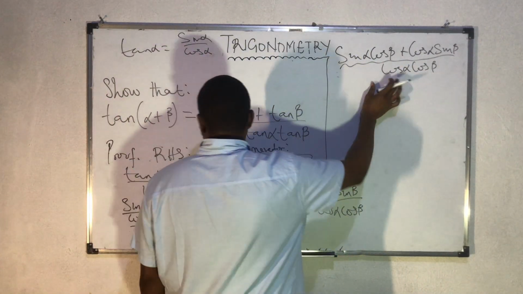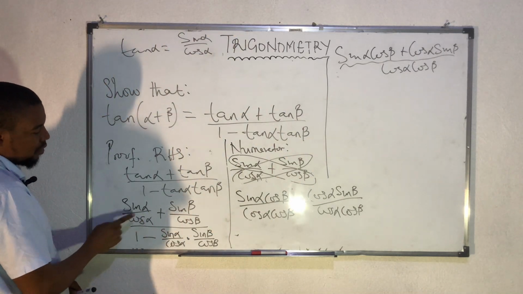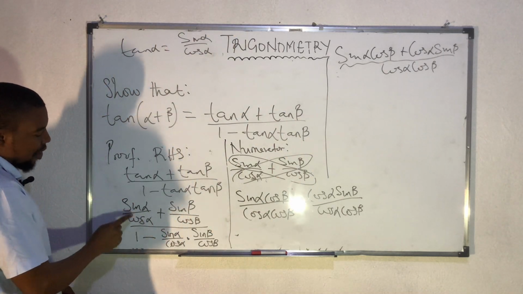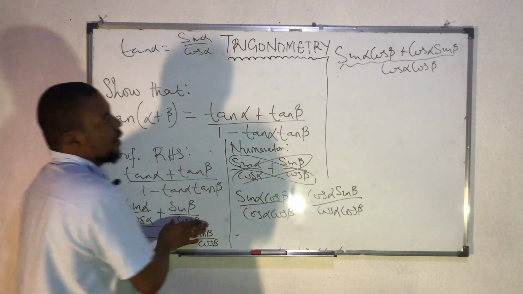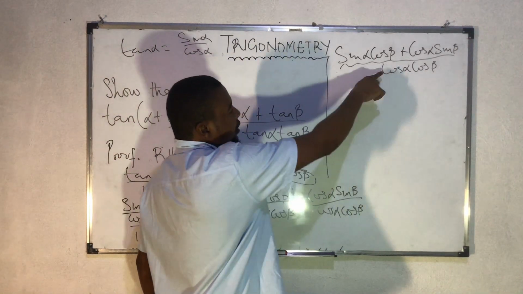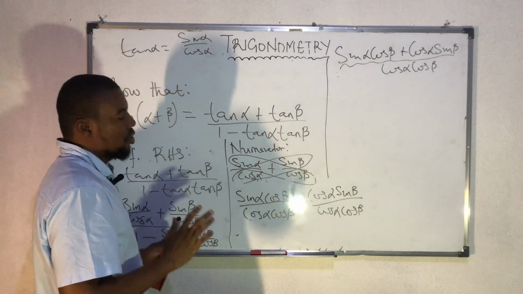Now we're done with the numerator, which is what we had initially here. I've transformed sine alpha over cos alpha plus sine beta over cos beta into this. This is the transformation of this.